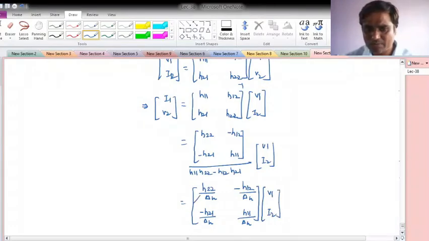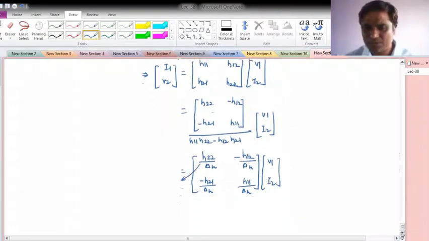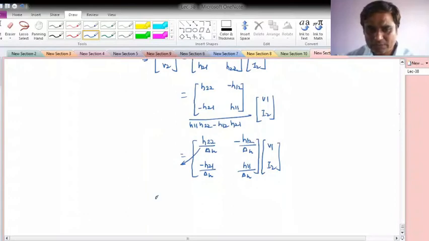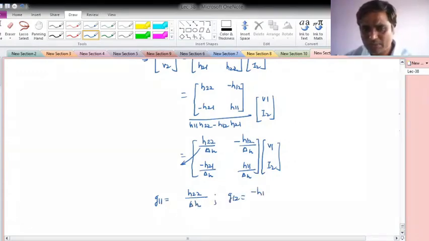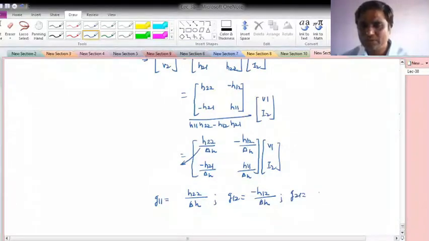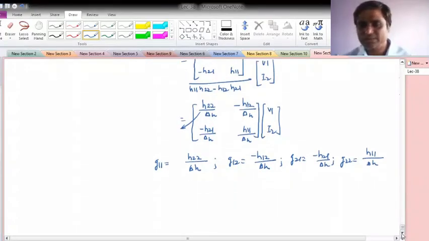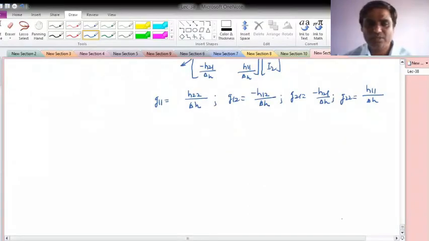So G11 will be H22 over delta H, G12 will be minus H12 over delta H, G21 will be minus H21 over delta H, and similarly G22. Thus you can compute the different parameters for the networks.